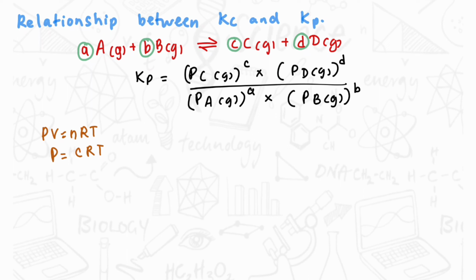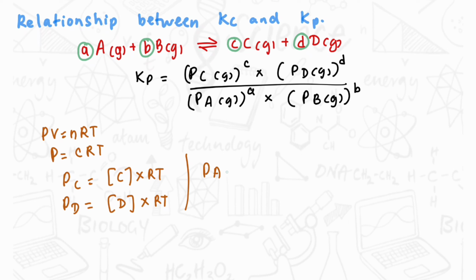So, PC is equal to concentration of C times RT. PD is equal to concentration of D times RT. Partial pressure of A is equal to concentration of A times RT. And the partial pressure of B is equal to concentration of B times RT.